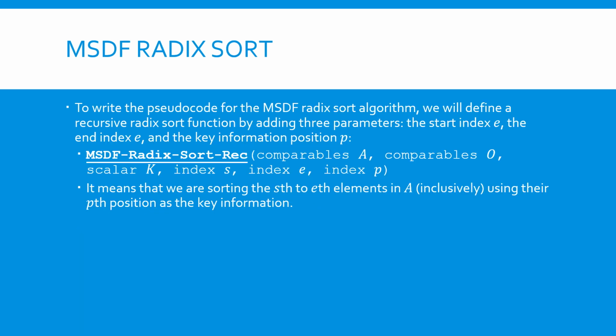We will write the pseudocode of MSDF Radix sort using recursion. We will define a recursive function, MSDF Radix sort recursive, by adding 3 parameters, s, e, and p, to the original function interface. The recursive MSDF Radix sort performs bucket sort on the sth to the eth strings based on the characters in their pth positions.